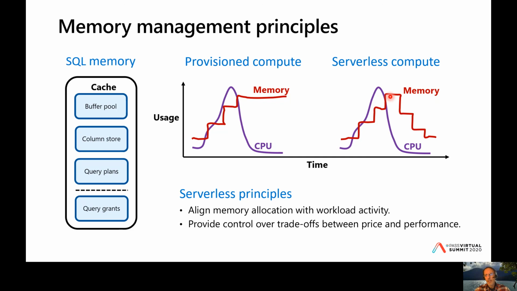So in serverless, what we do instead, which is much unlike what occurs in the provisioned compute tier, is to deallocate memory or reclaim memory when usage on the database becomes low enough for long enough. So here we're really trying to strike the right balance between the impact to performance from deallocating memory and reducing costs versus keeping the memory around for better performance but increasing costs.